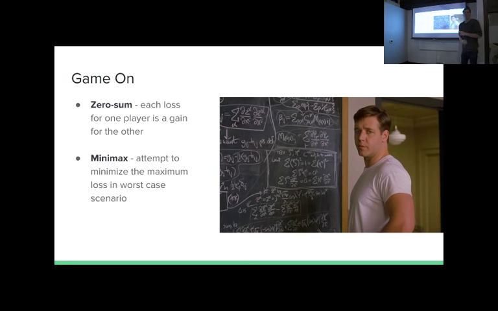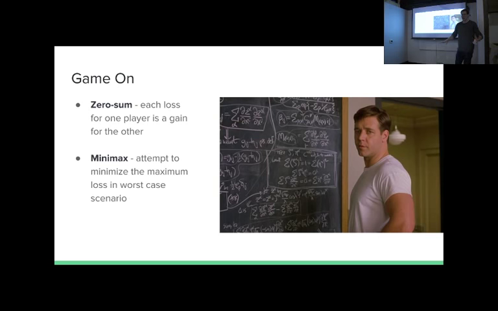So it's actually a game. Like Richard's description on the website, it's a zero-sum game. What that means is that every time player 1 gains, player 2 loses by the same exact amount. So it's like a scale. If one player is winning, the other player is losing by the exact same amount. The other thing is it's a minimax type game, which basically means your whole objective in the game is to minimize the maximum loss. So basically you want to reduce the worst case scenario at all times.